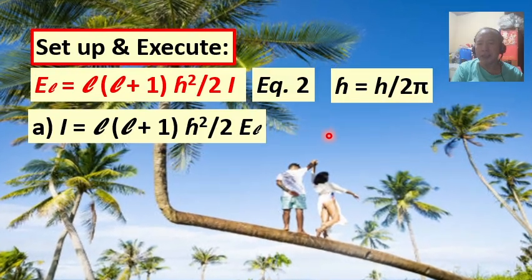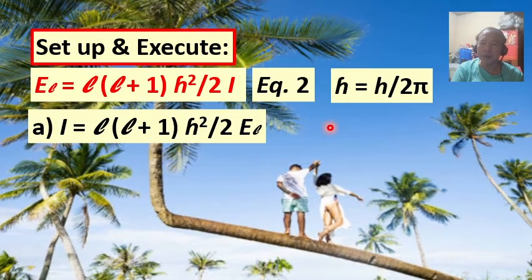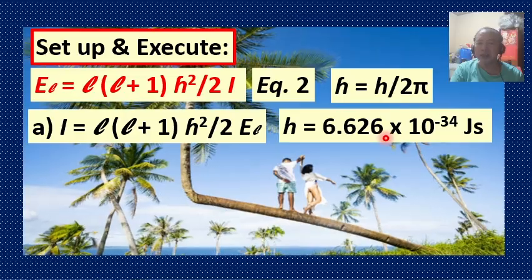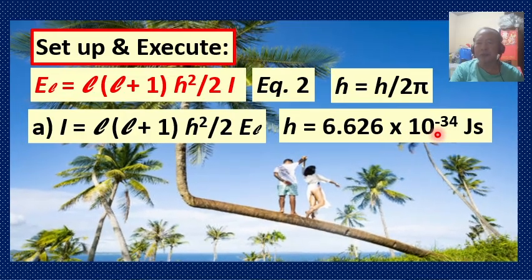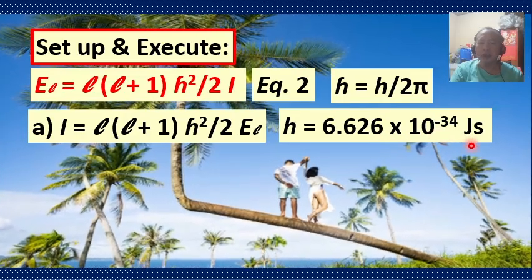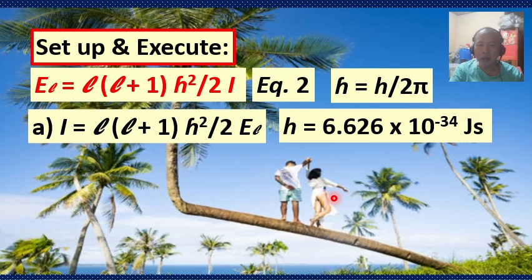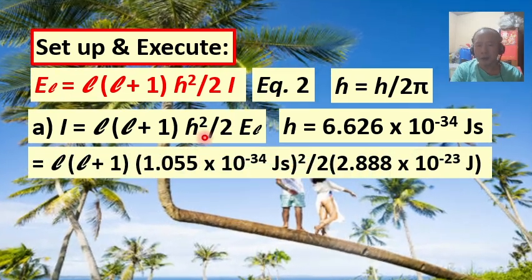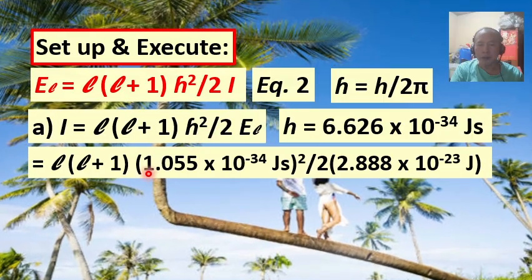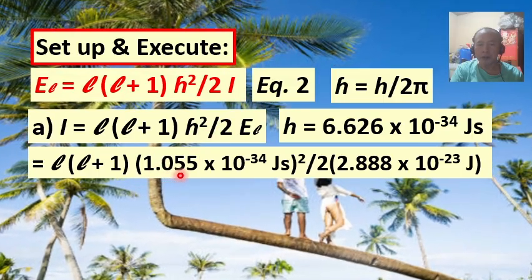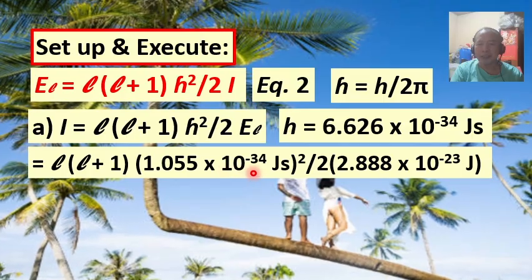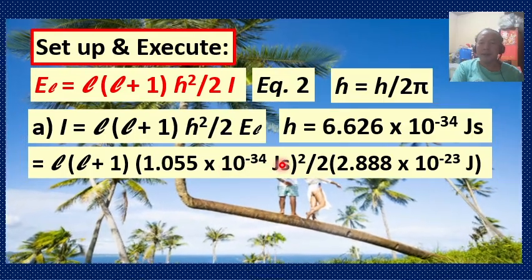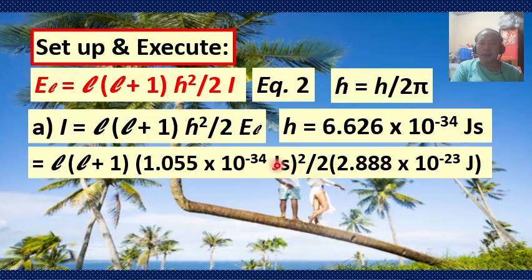Taking the SI value of Planck's constant, 6.626 times 10 raised to the negative 34 joule second, we obtain the value of h bar equal to 1.055 times 10 raised to the negative 34 joule second.